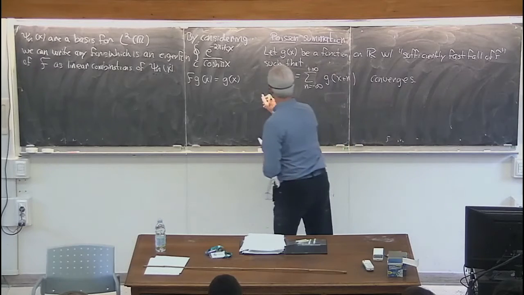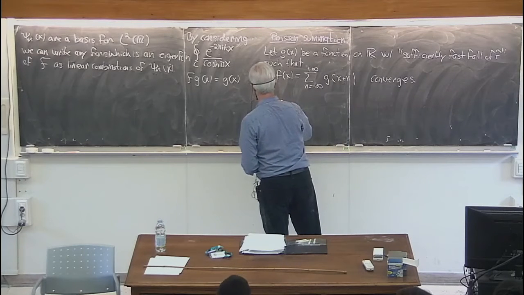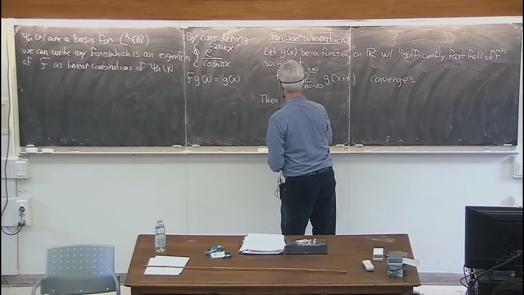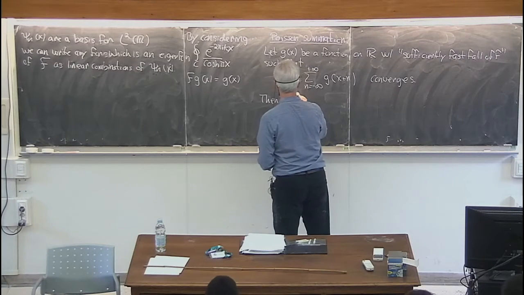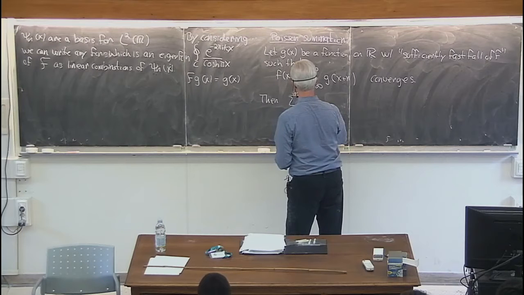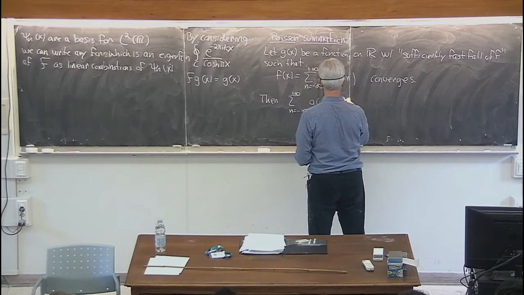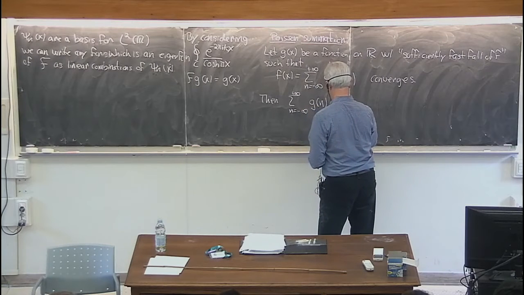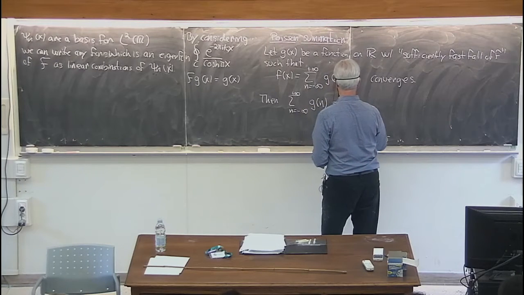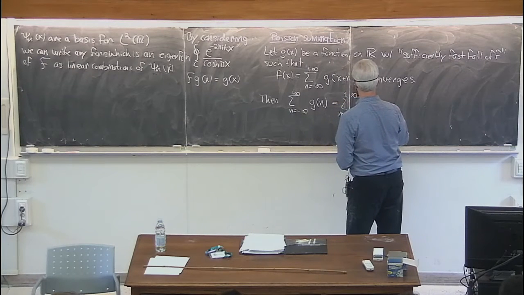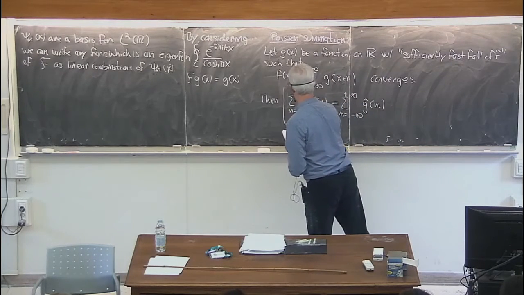Okay, so if that is the case, then you can show that the sum from minus infinity to plus infinity of the function g evaluated at integer points is the same as the sum of its Fourier transform evaluated at integer points.